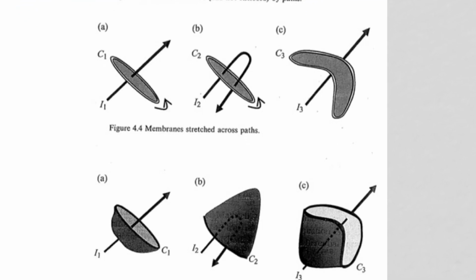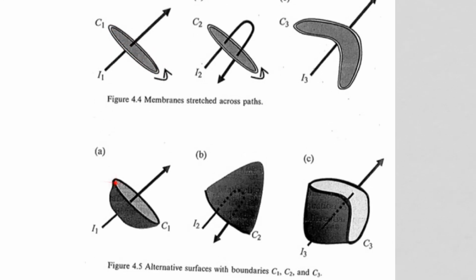So you can think of the surfaces like a bag where the opening to the bag is your path of integration. So in the case of A here, with a long straight wire, it will puncture the surface shown in figure 4.4 up here, and also the surface, which could be like a bag, shown in figure 4.5a here.